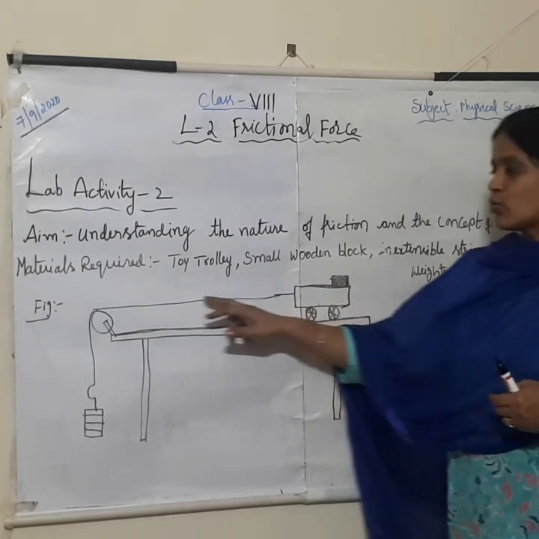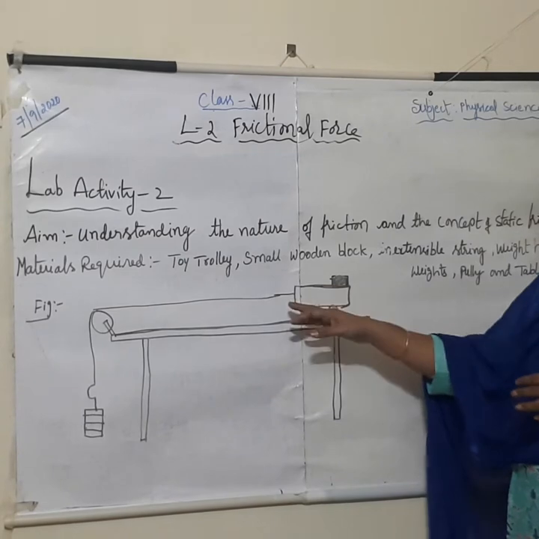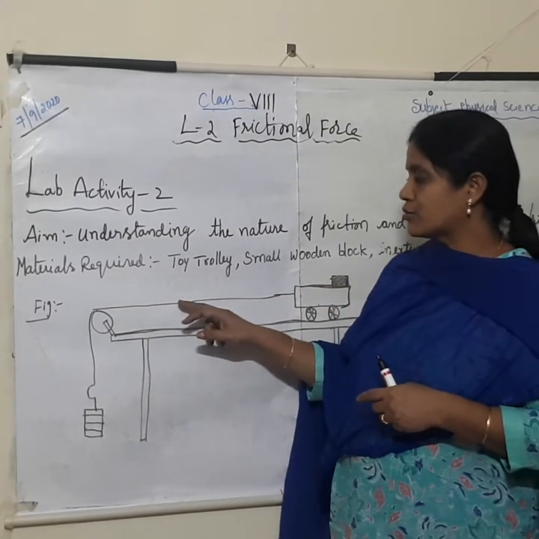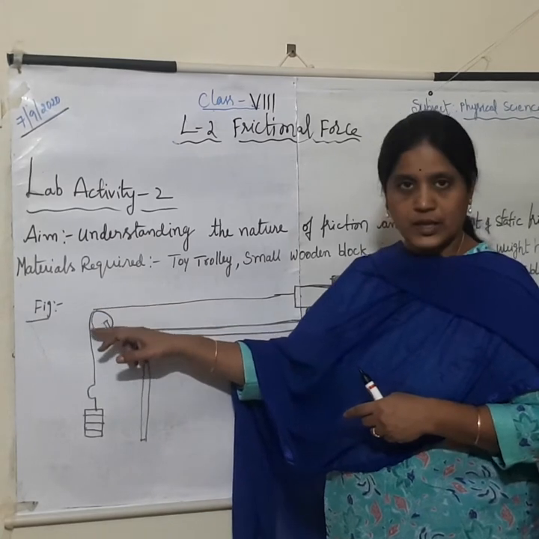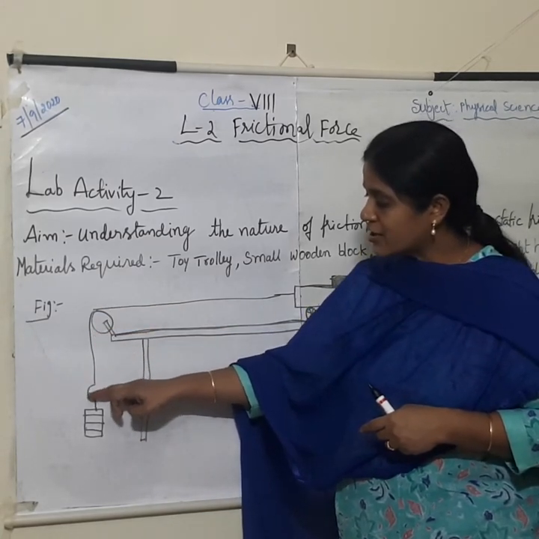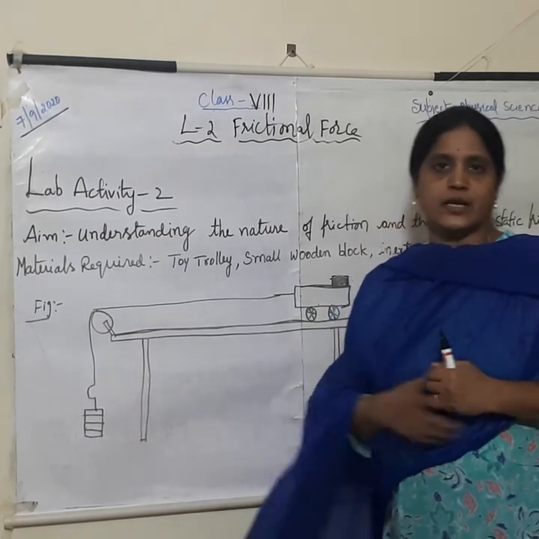Next, you take one inextensible string, and one end of that string you tie to this trolley, and the other end you pass over the pulley and tie to the weight hanger.